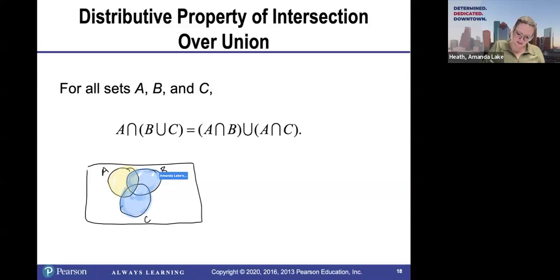Then that intersection is the portion covered by both of these things. So this section here.